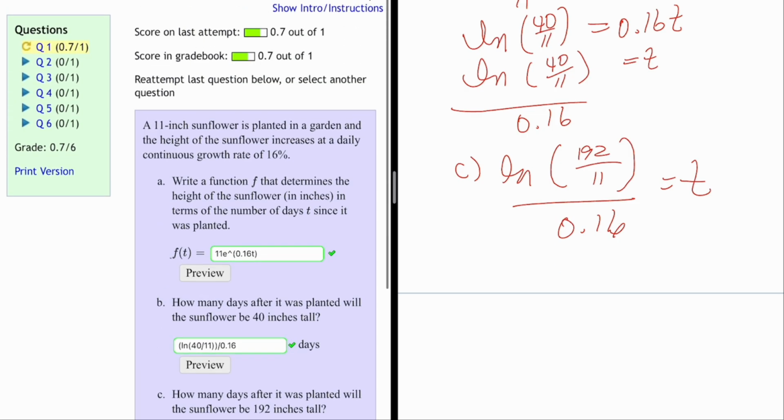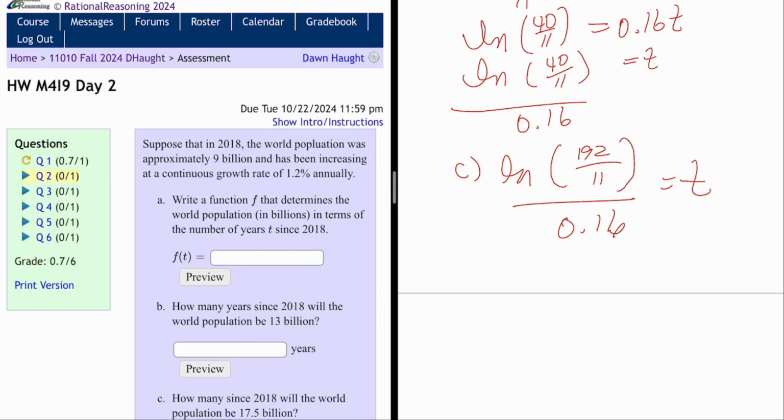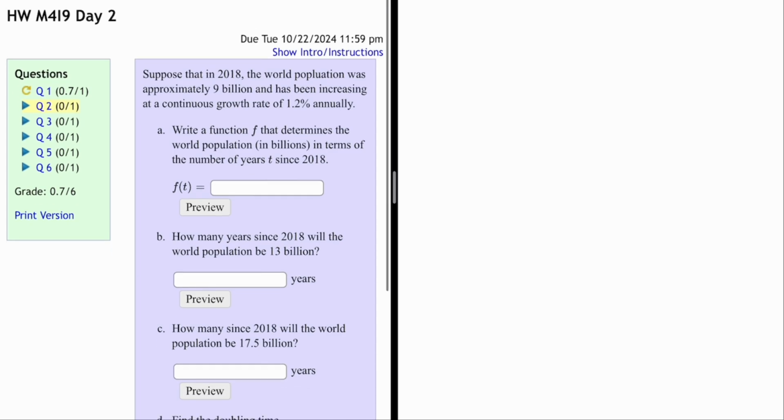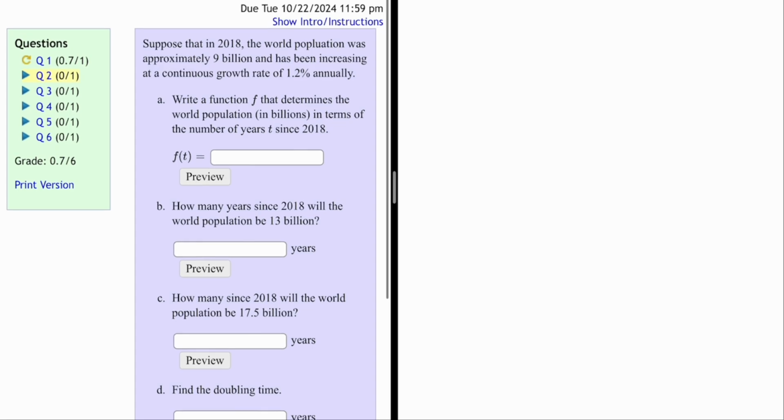And now I want to jump to question number 2. So I'm just going to help you set up your function, and then hopefully you get the idea of how to solve it, okay? So for part A, it says, write a function that determines the world population in billions in terms of years since 2018.